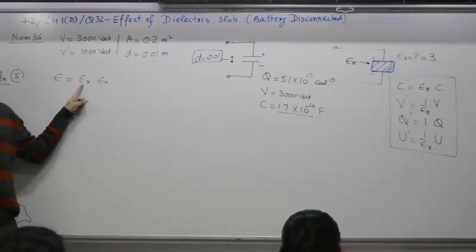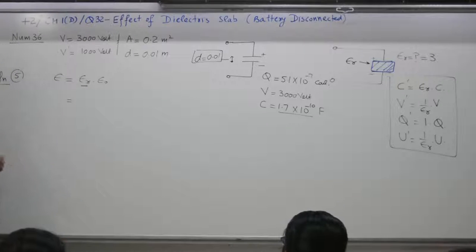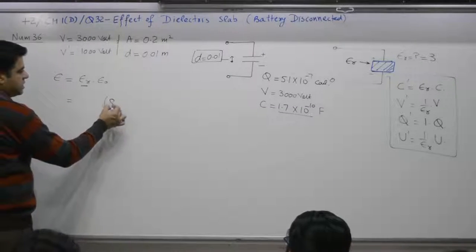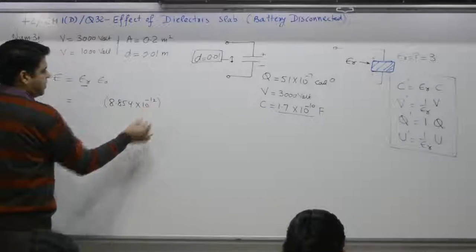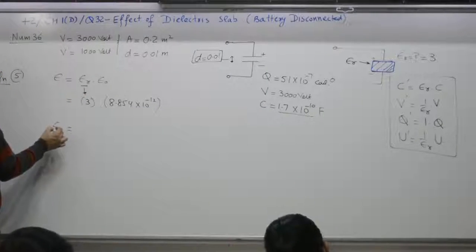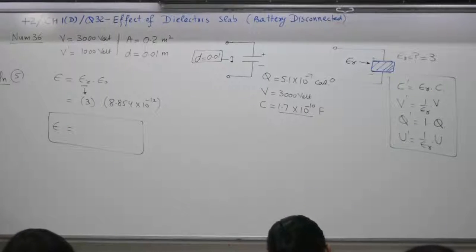Epsilon r gives how many times the permittivity of the material is that of free space, the relative permittivity, which is unitless and dimensionless. Epsilon naught is the permittivity of free space, 8.854 into 10 to the power minus 12. Epsilon r is 3. Find epsilon.